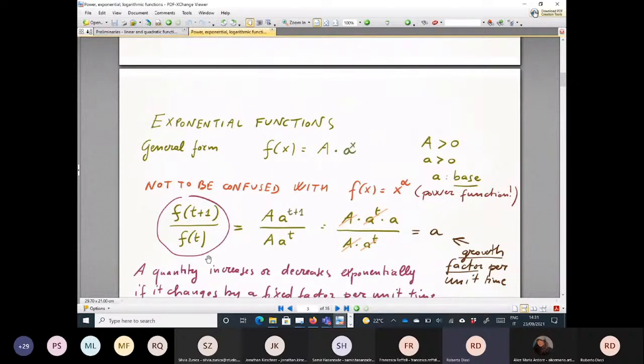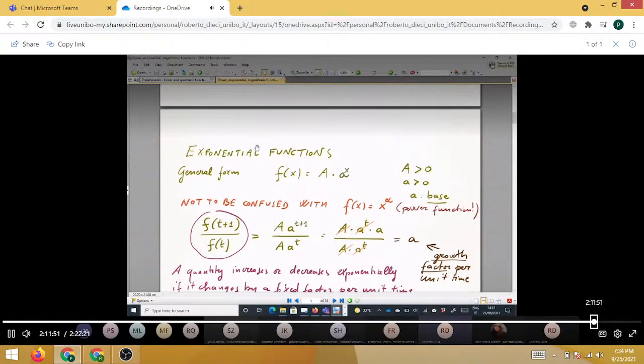This is called the growth factor, okay? So if this is equal to 1.05, this means that there has been a 5% increase, okay? The next value divided by the previous value is 1.05. So the value of the dependent variable has increased by 5%, by 0.05, which is 5%, okay? So this is really important.